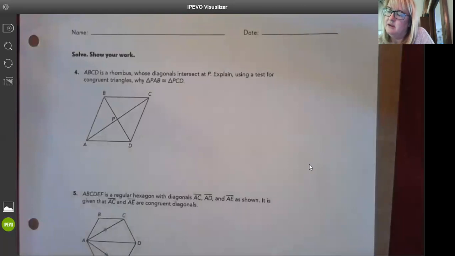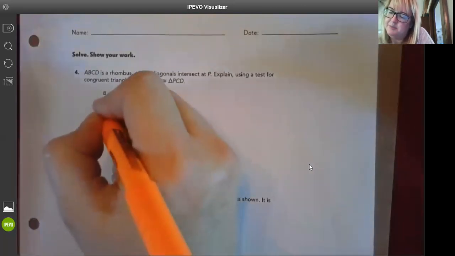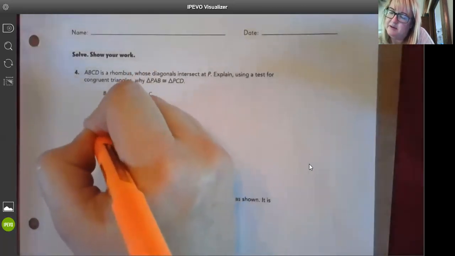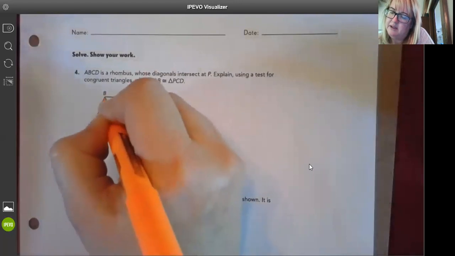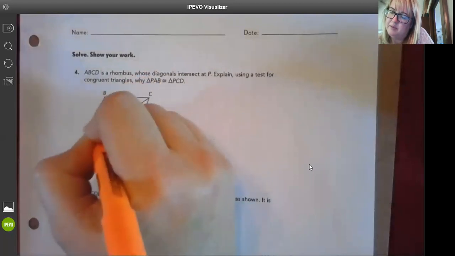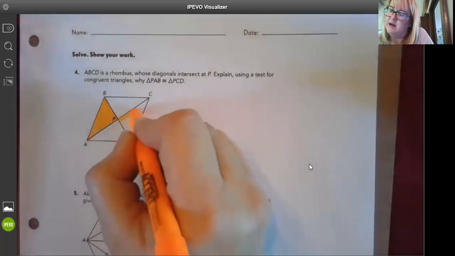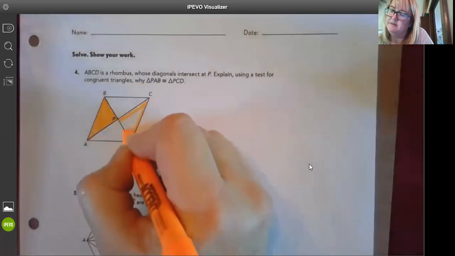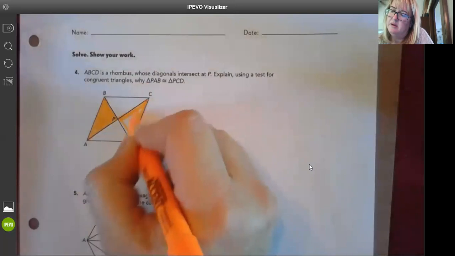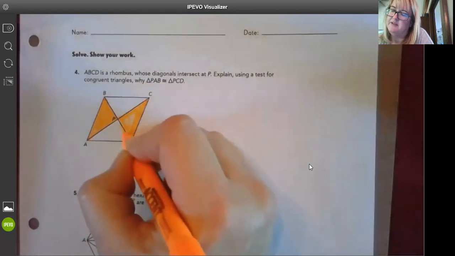PAB and PCD. Okay, why are these congruent? So we have to prove that.